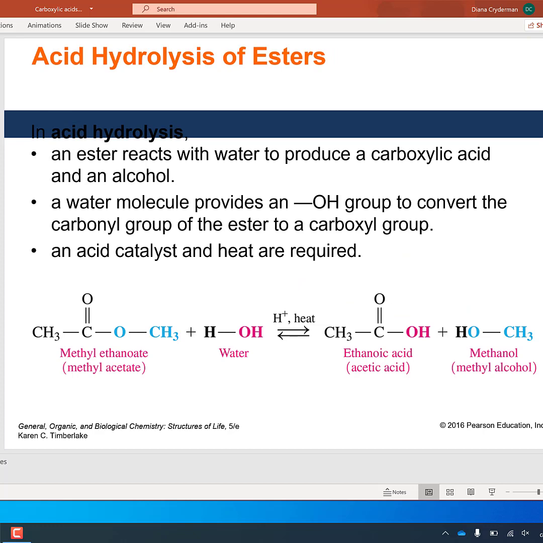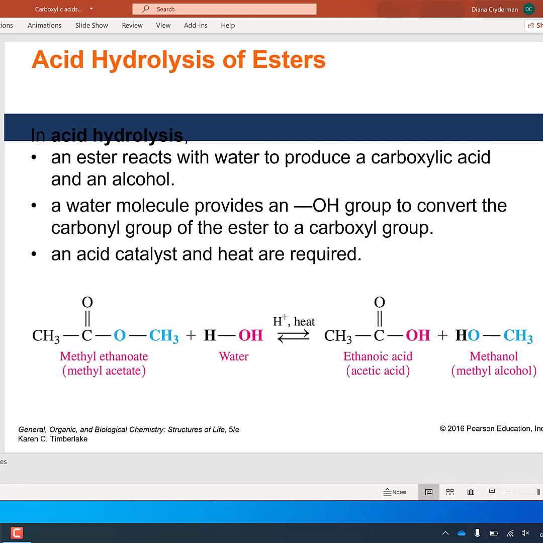Okay, so we have the idea that we can form an ester by joining a carboxylic acid and an alcohol. But we can also take an ester and break it back down. We saw that briefly a moment ago when we were talking about wintergreen oil breaking back down into salicylic acid and methanol, when we were working backwards in that chemical reaction a few slides ago.